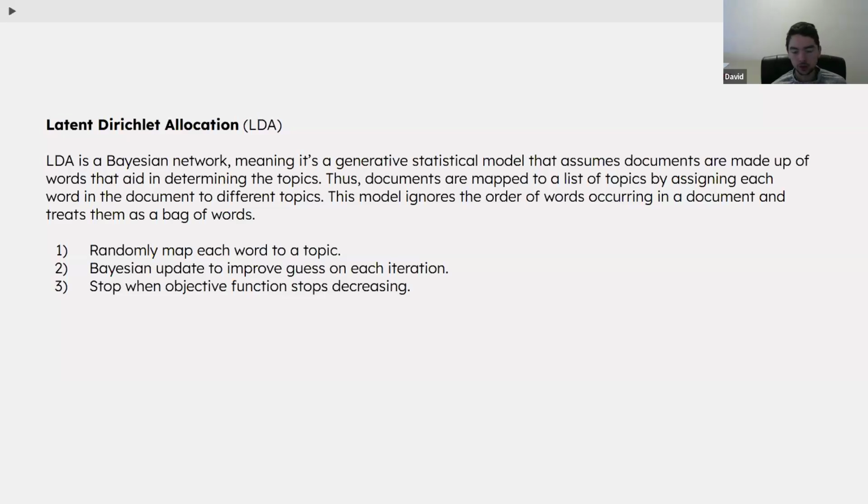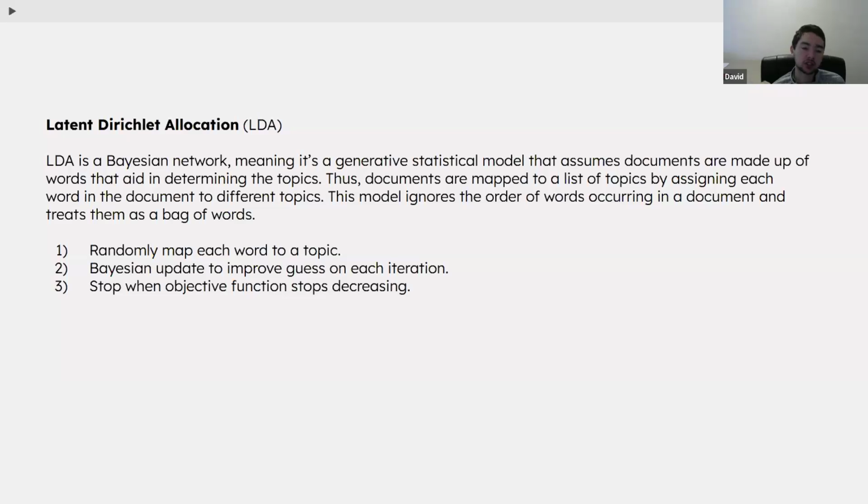So the way to think about this approach is basically randomly matching each word to, well, we want to match documents to words and then words to topics. And so we can start by randomly mapping each word to a topic and using a Bayesian formula to update this random guess on each iteration.